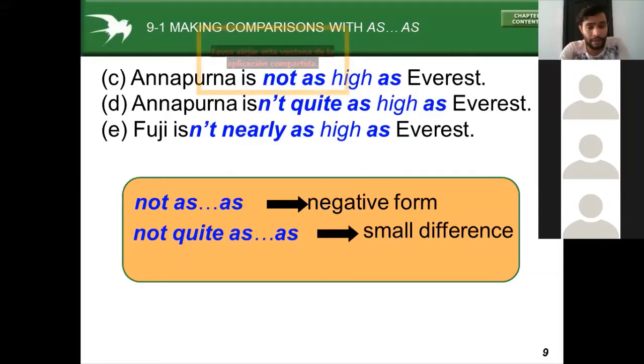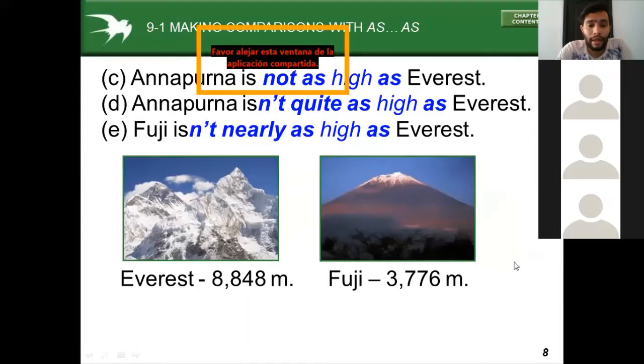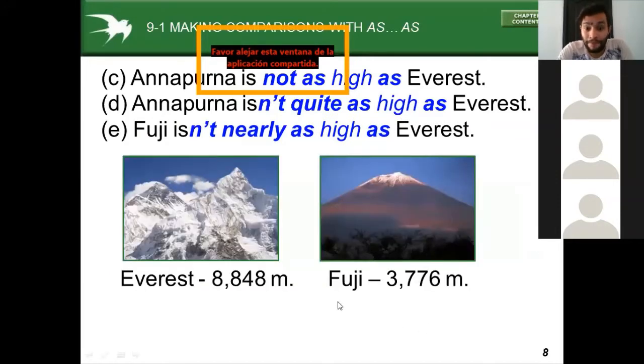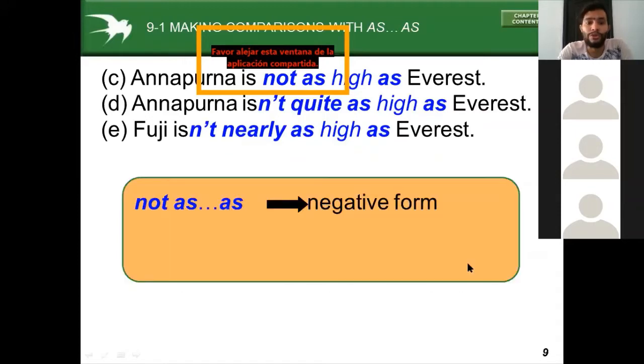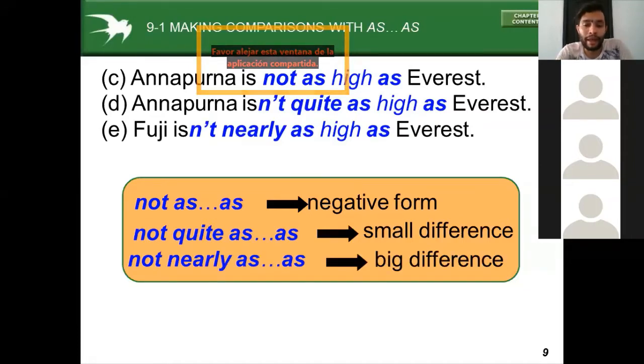A small difference, like in the example, remember? Is this a big difference? No, right? It's a small difference. Take a look. It's almost the same, kind of. And here we have a big difference, right? So we use not quite as for small differences, and not nearly as for big differences, right?